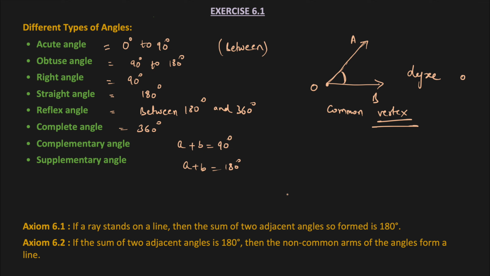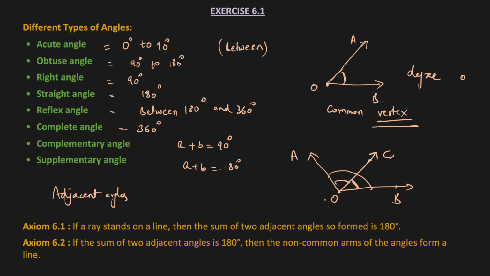Now there is something also called adjacent angles. Let me talk about what adjacent angles are. When I draw two angles, like this is one angle, AOP. Now if I take one more ray over here, ray OC, what happens? How many angles are there if you see? One this, and one more over here.